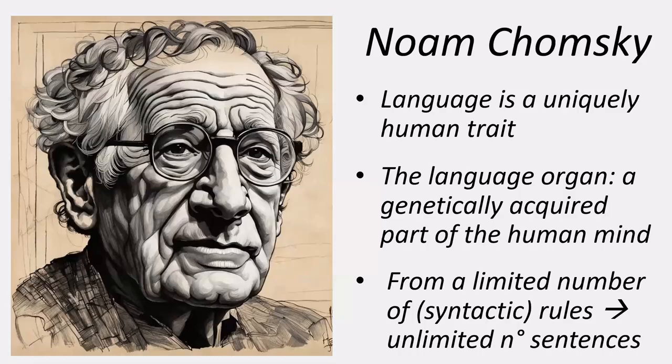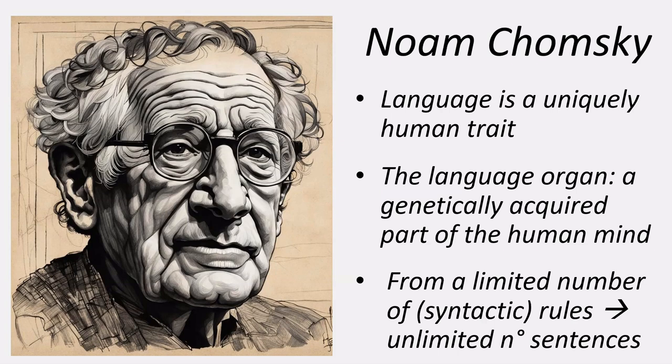A person I'd like to mention here is Noam Chomsky, a very influential linguist, who was not just involved in linguistics, but also in mathematics, psychology, philosophy, even politics, and so on. In a time in which psychology was dominated by behaviorism, he said that language is a uniquely human trait.